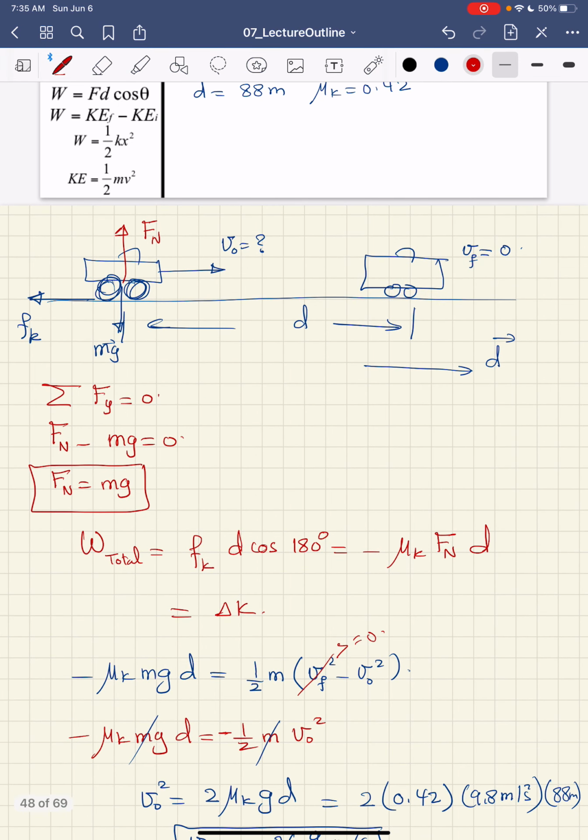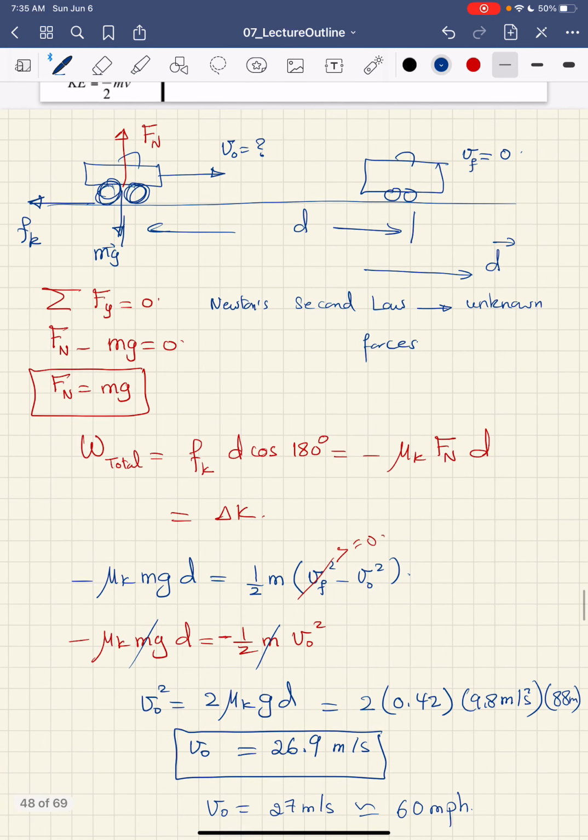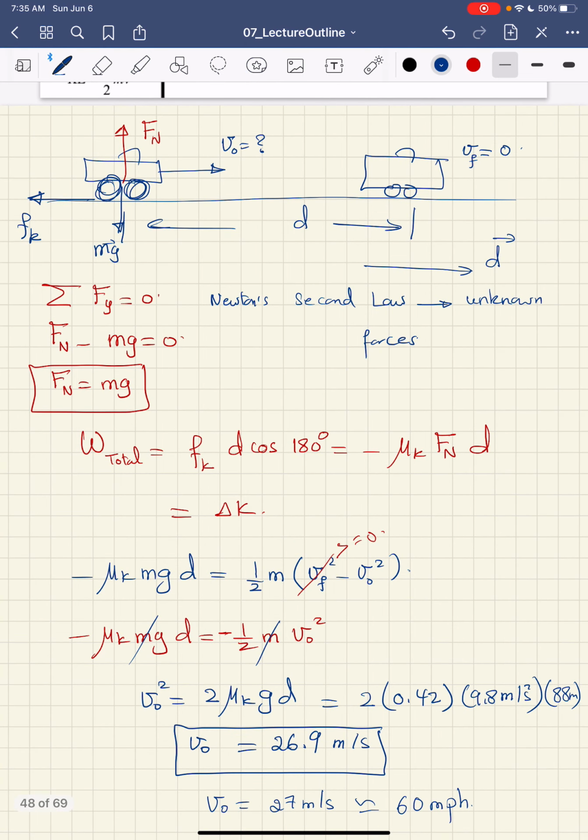Of course, again, apply Newton's second law so that you will find the unknown forces, because I want to find what is the total work done, because the only force that is going to be in the x direction is going to be the force of friction.